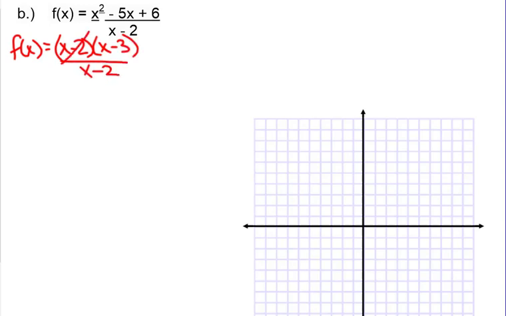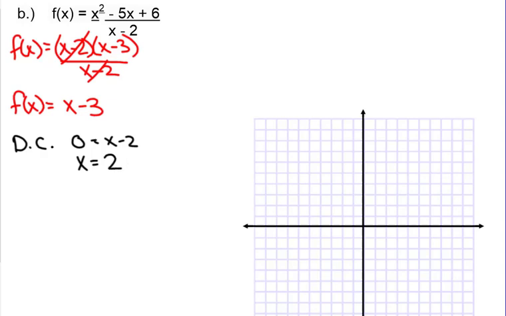Well, we've got common factors, so we are left with f of x is equal to x subtract 3. Common factors tell us we have points of discontinuity. That happens where our common factor goes to 0, so at x is equal to 2. To figure out what that actual point is, f of 2 is equal to 2 subtract 3. That's negative 1, so our point is 2, negative 1.